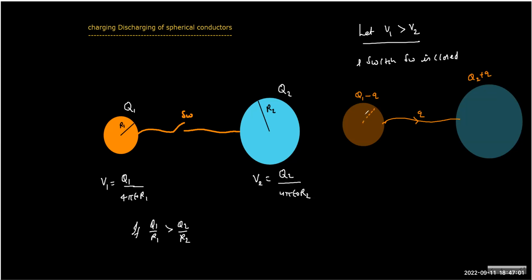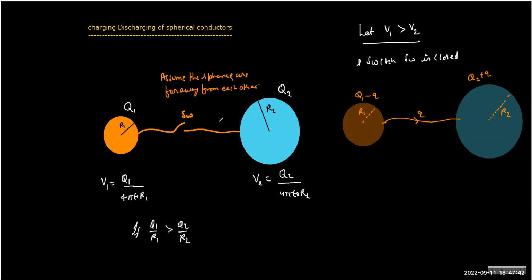And now the whole idea is that the flow will eventually stop when they acquire the same potential, isn't it? Yes. So what you are supposed to write, and we also have to assume the distance between them is far enough not to interact with anyone. So here the assumption is, assume the spheres are far away from each other.